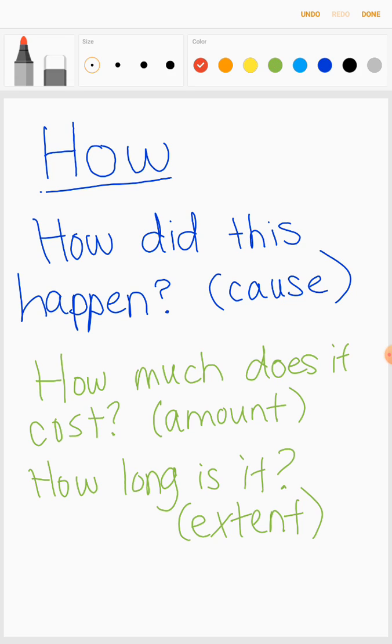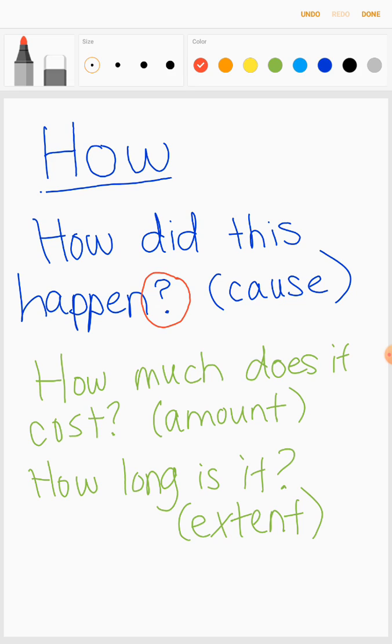I want you to pay close attention to what I put at the end of these sentences. So I see this dot. This looks familiar. Does anyone know what that dot is called? That is a period. Good job. However, I have this other punctuation mark. This is called a question mark.